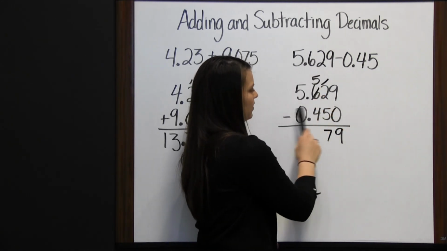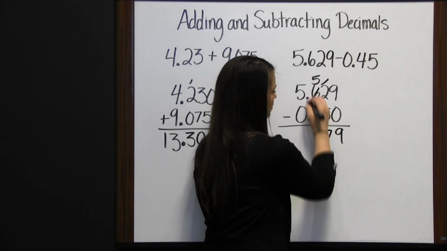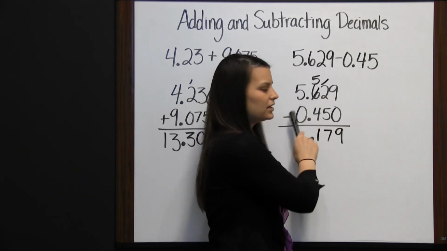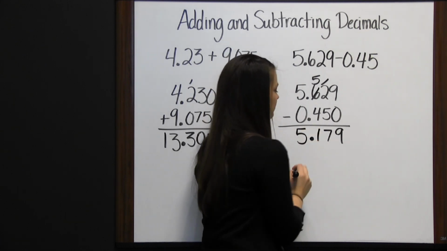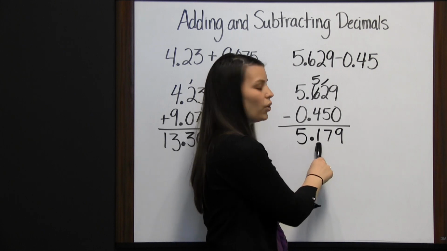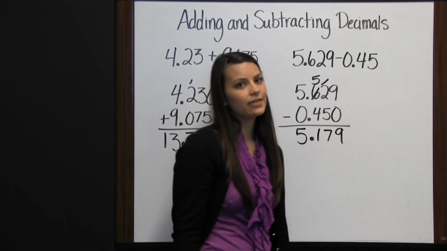And then 5 minus 4 is 1. We bring our decimal down, and 5 minus 0 is 5. So our result, or our difference, is 5 and 179 thousandths.